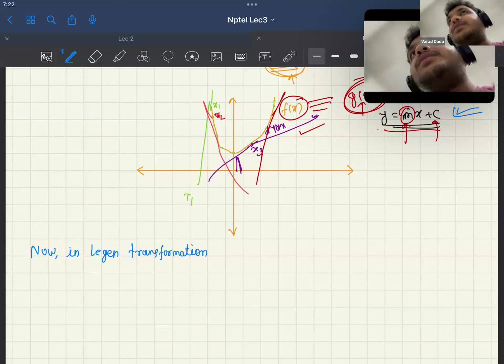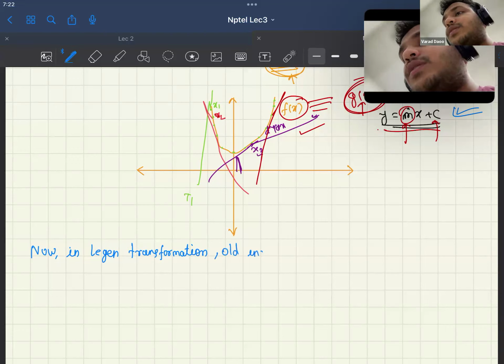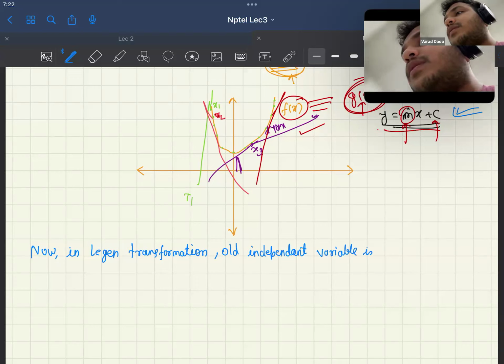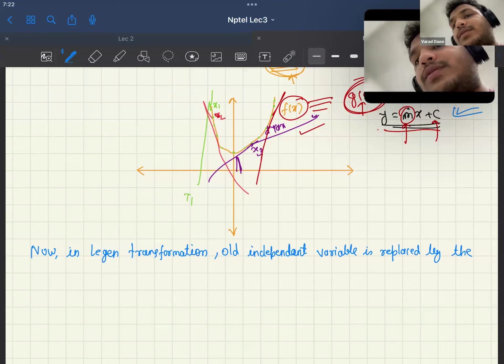Legendre transformation: old independent variable is replaced by the slope, right? I hope this is clear to everyone.